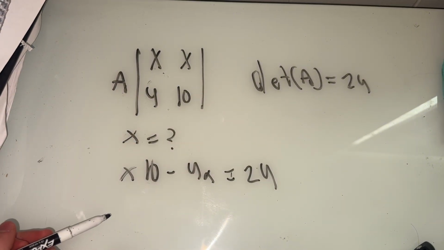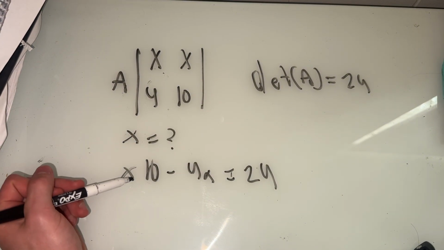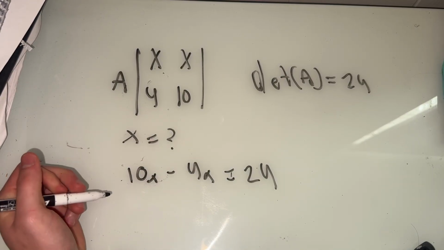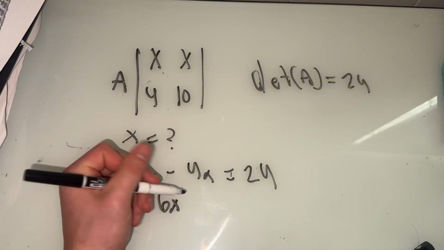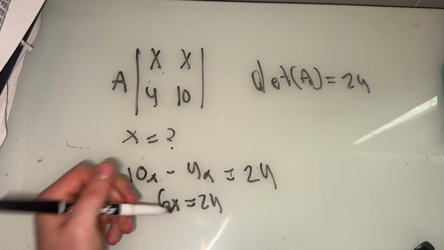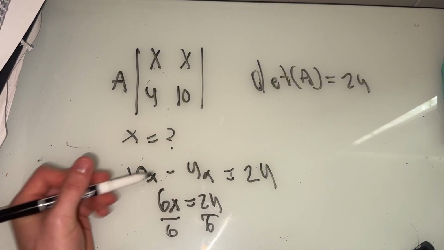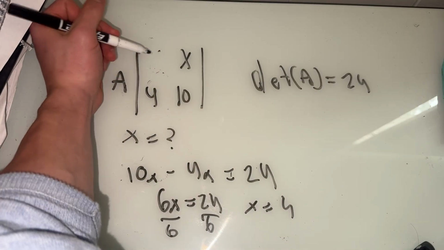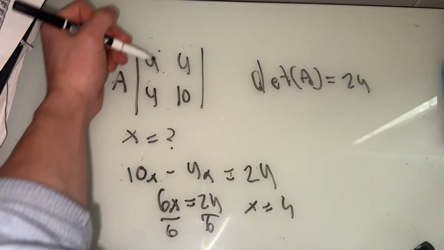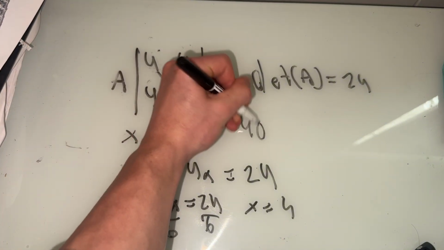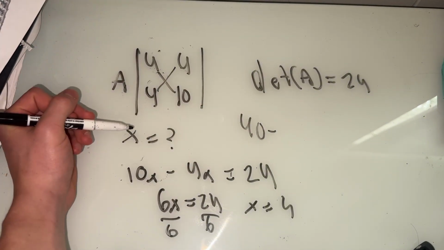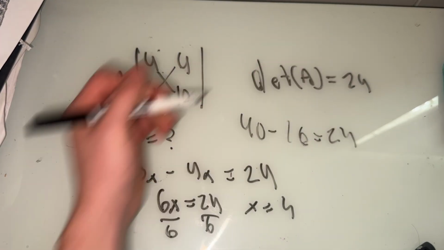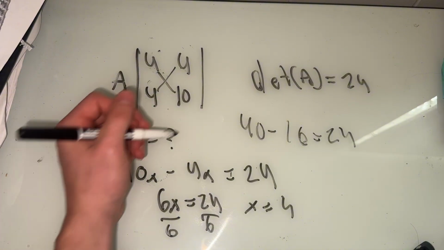So we need to solve for x. First, here, let me rewrite this. 10x minus 4x is going to equal 6x equals 24. Divide both sides by 6. X equals 4. And you can plug this in and check. 4 times 10 is 40, minus 4 times 4, which is 16, equals 24. So x is equal to 4.